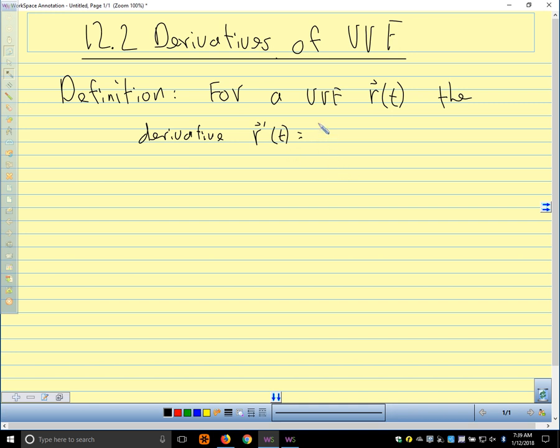It's going to be the limit as delta t approaches 0 of r of t plus delta t minus r of t, over delta t.